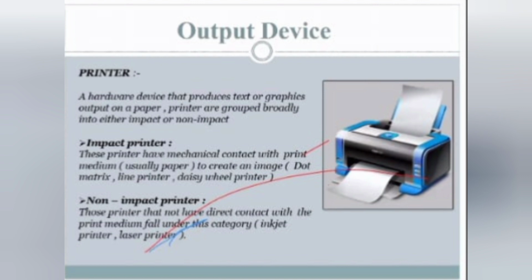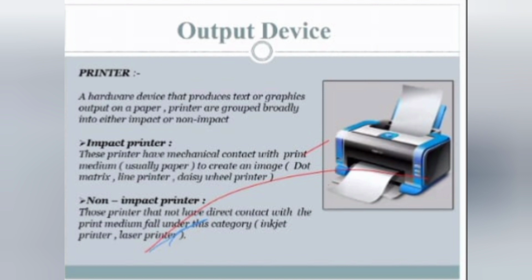The output which we see as a graphical representation, or words in a colorful manner, comes from a printer. An impact printer has mechanical contact with the printer media, and a non-impact printer is one which doesn't have direct contact.